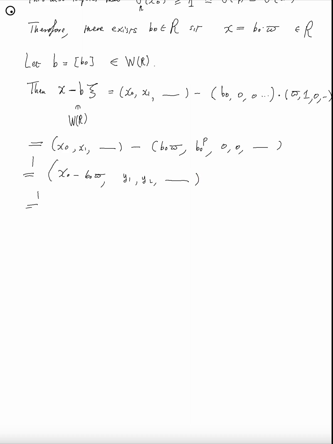And then this equals zero because x equals b0 omega. And so x0 equals b0 omega.